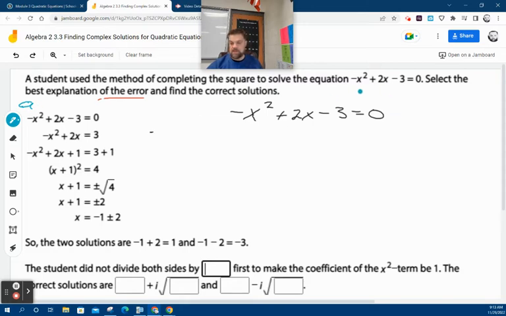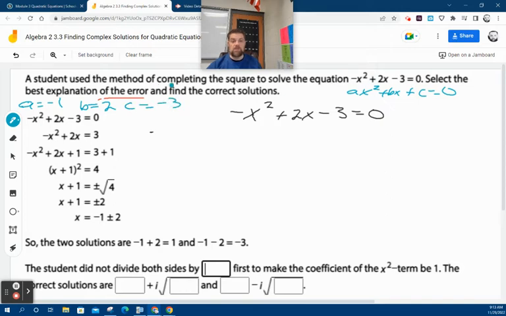Remember that this is written in ax squared plus bx plus c equals 0. That's the way that it's written. So the way that it's written, A is equal to negative 1, B is equal to 2, and C is equal to negative 3.